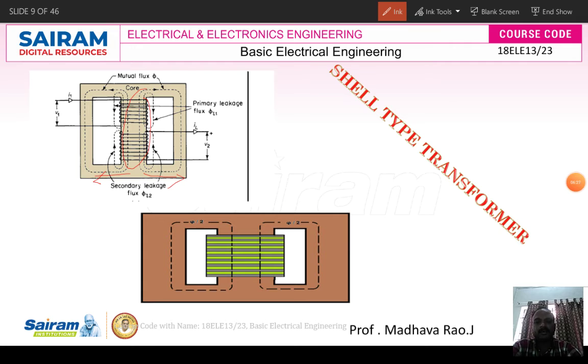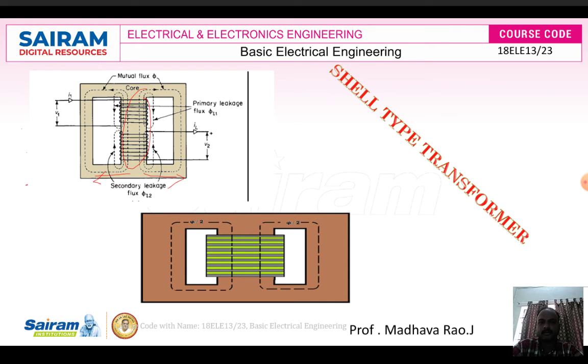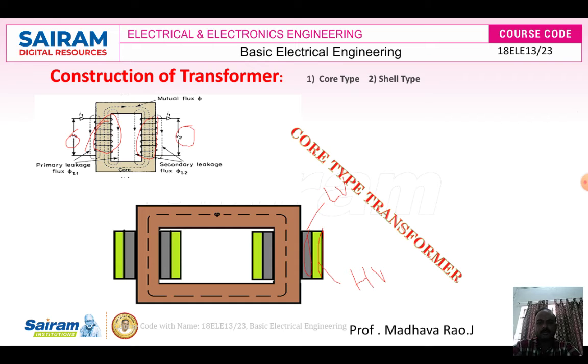Okay, so coming to the construction, these are classified into two types, core type and shell type. The core type transformer has two limbs and two windings, and core type transformers are suitable for high voltage applications.